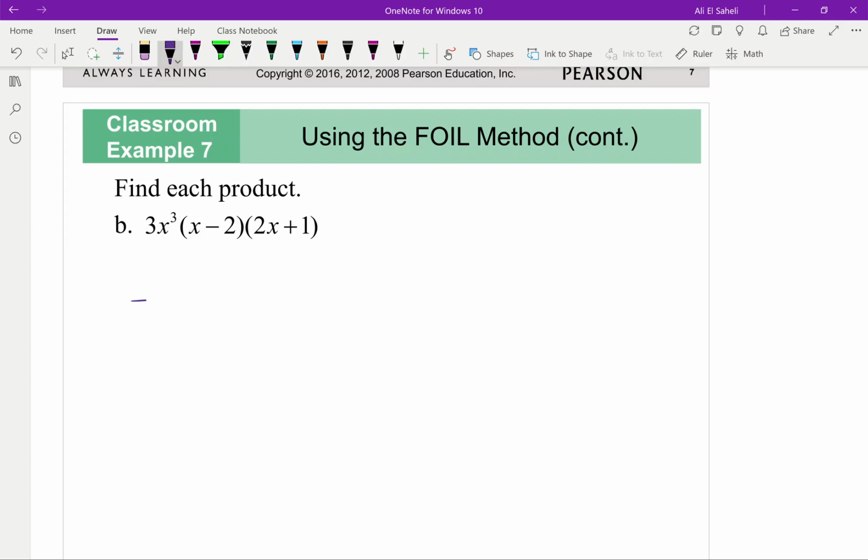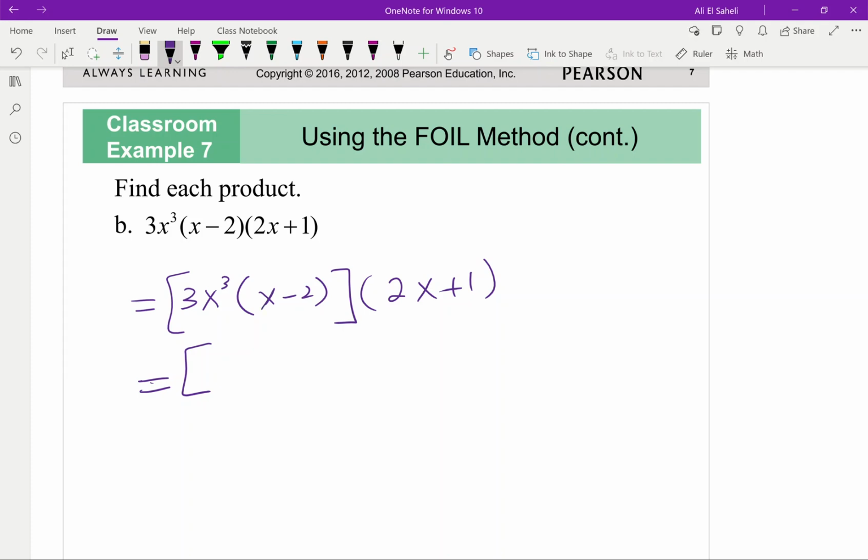So this is equal to 3x cubed times x minus 2 times 2x plus 1 equals 3x cubed times x. So this is 3x to the 4, 3x cubed times minus 2, minus 6x cubed.